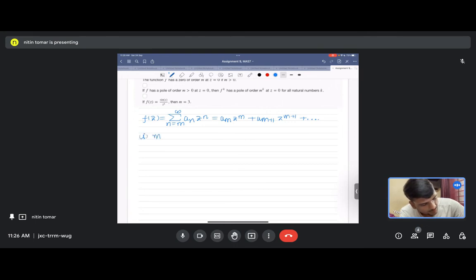If m is, let's say, positive, then f(z) is a_m z^m, everything is fine, because the powers will stay up since m is positive.